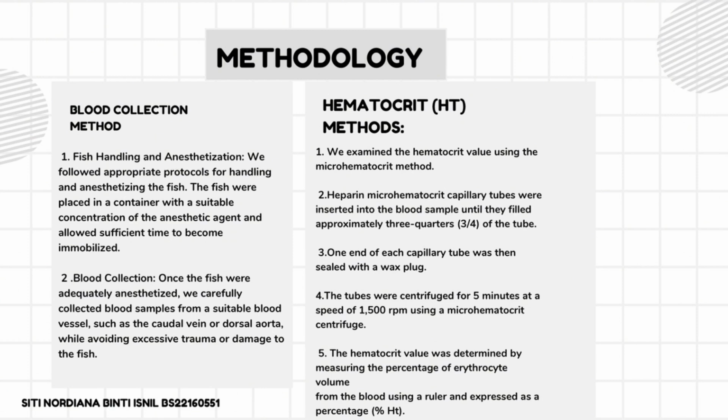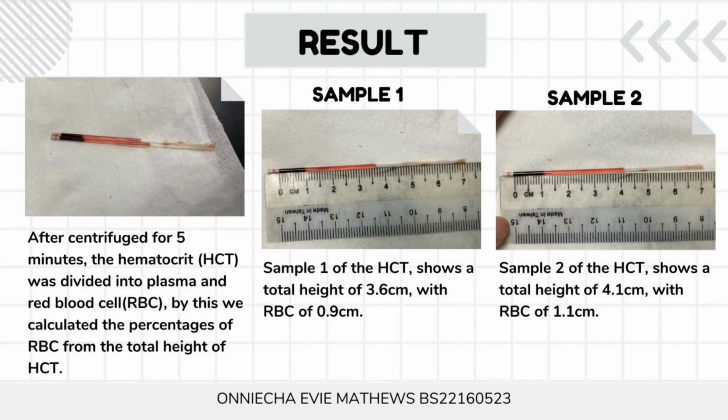The tube was centrifuged for 5 minutes at a speed of 1,500 rpm using a microhematocrit centrifuge. The hematocrit value was determined by measuring the percentage of erythrocyte volume from the blood using a ruler and expressed as a percentage.